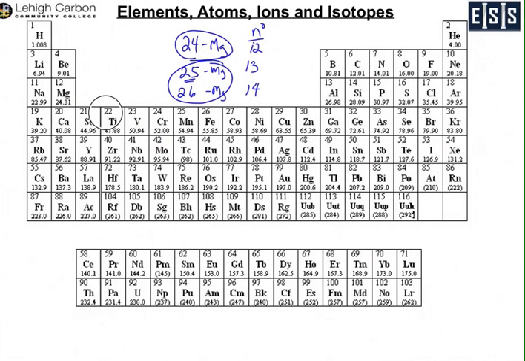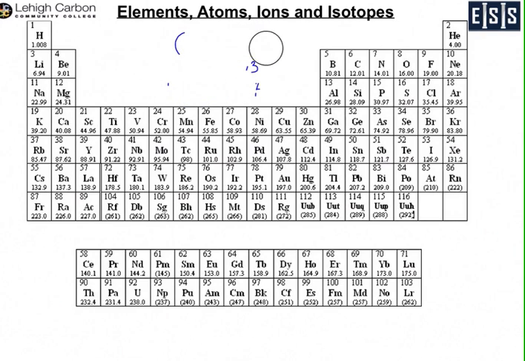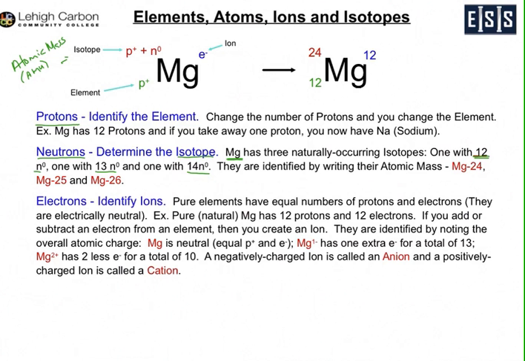And if we go back here, I'll clean this up. As we said here, with the different number of neutrons, a chemist would represent magnesium-24. That tells you that's magnesium with a 24 atomic mass.